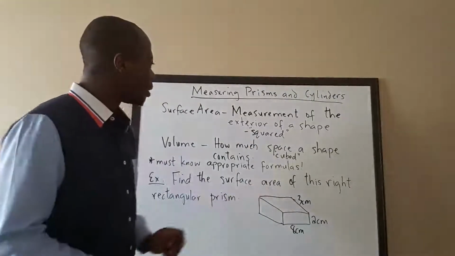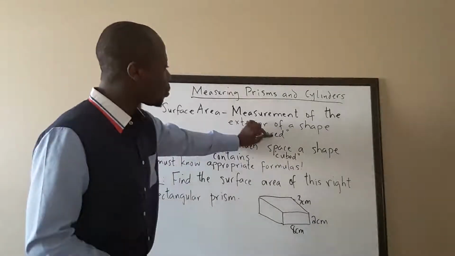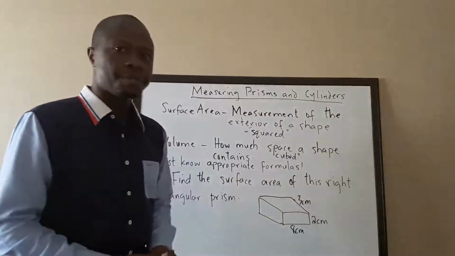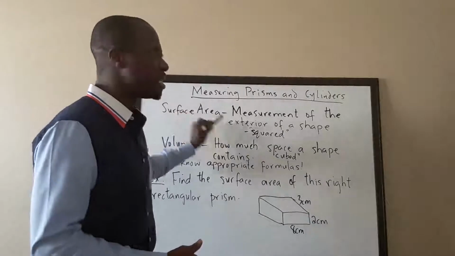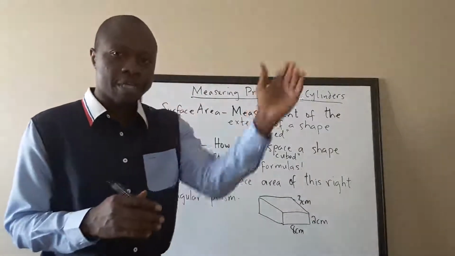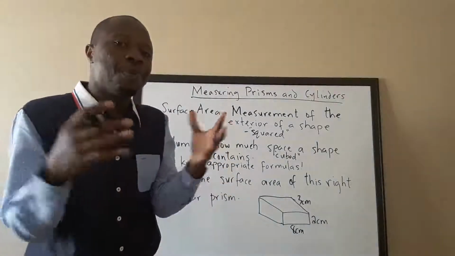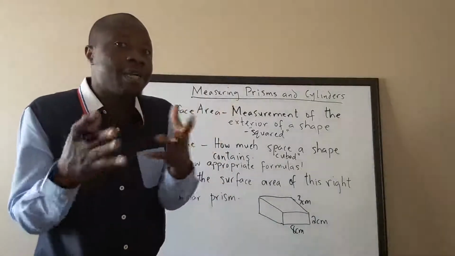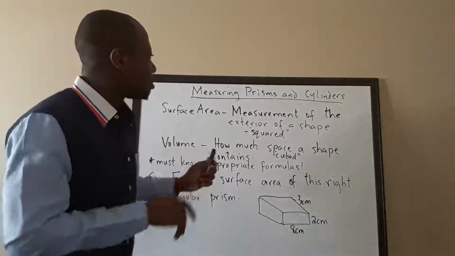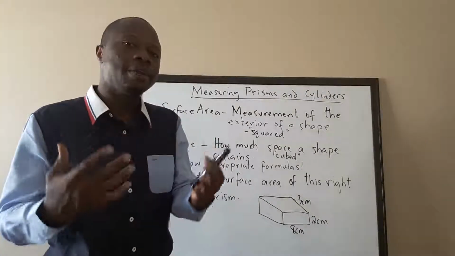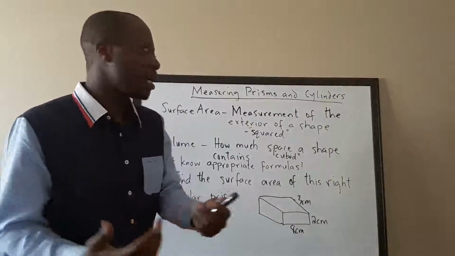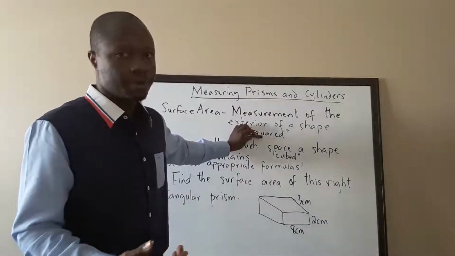The reason we're doing squared is that when you're finding surface area, you're finding various areas for that particular shape and putting all the areas together. Because you're dealing with area, you have to do squared.